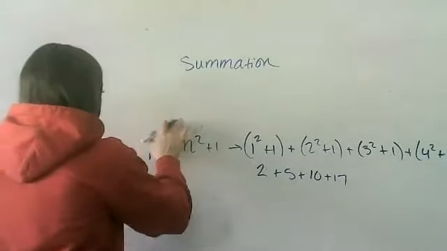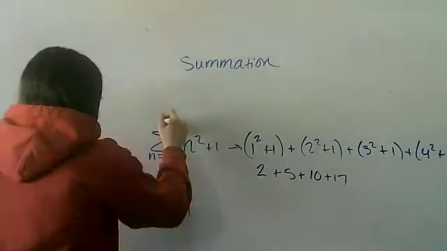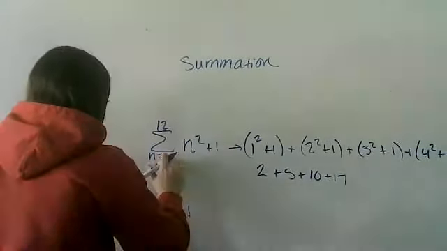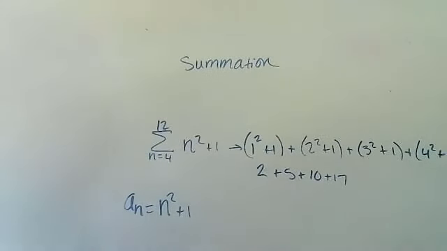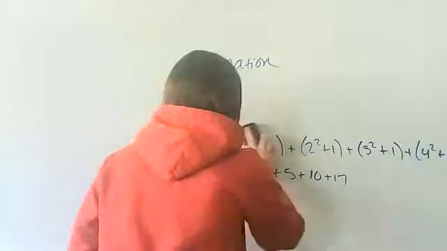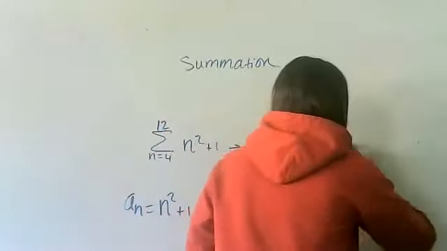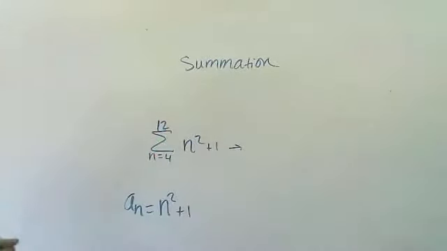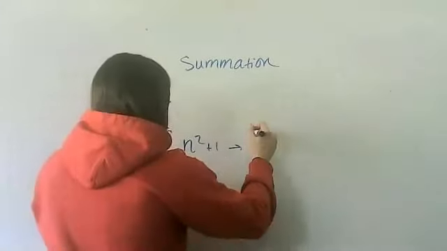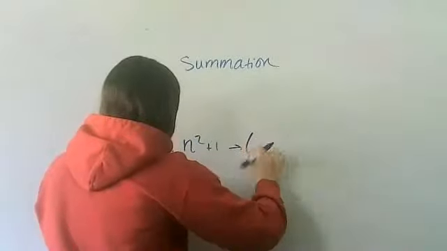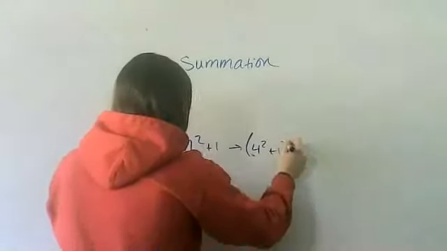Okay, let's say that I changed this to a 12 and this to a 4. Exact same series and exact same rule here. What would happen is I would go through the following numbers. I'm going to start with my n equals 4. So the first one I'm writing is 4 squared plus 1.